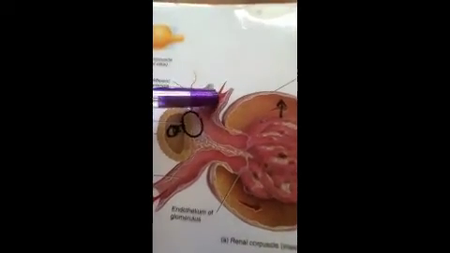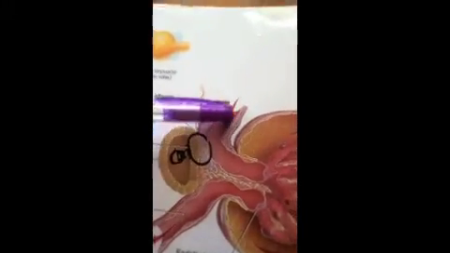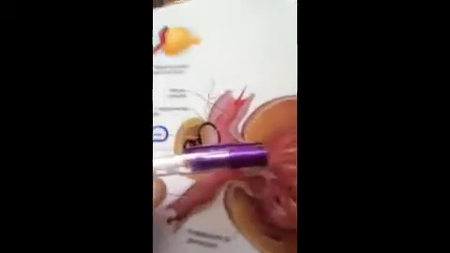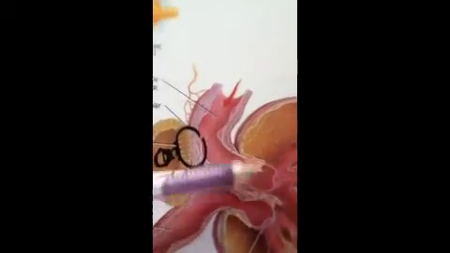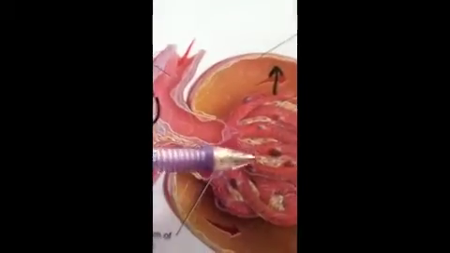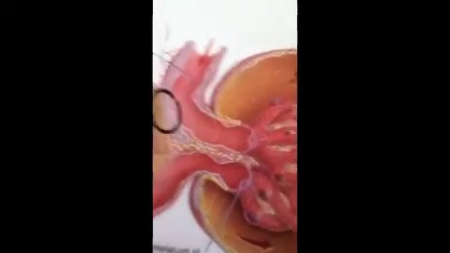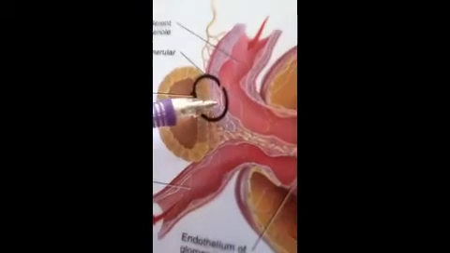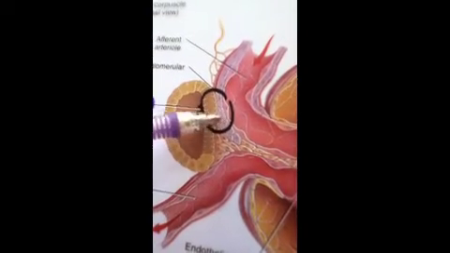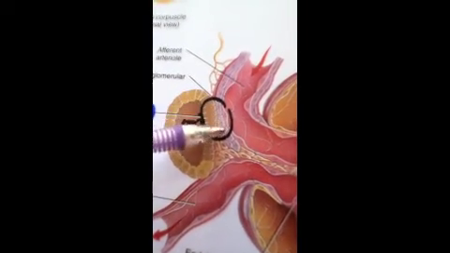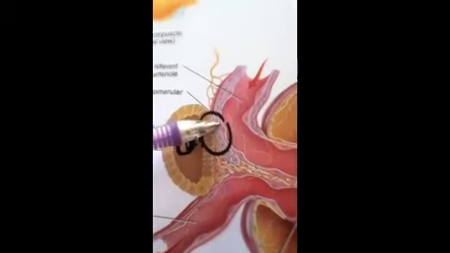We just looked at the afferent arteriole that was bringing blood into the glomerulus. And we want to be looking at that afferent arteriole again when we're talking about this juxtaglomerular apparatus. And specifically, we're looking at those cells right here. Okay?